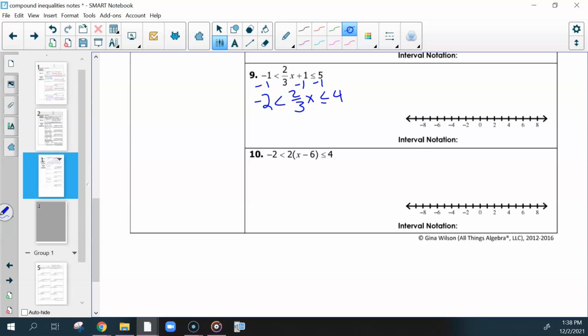We would multiply each side by this fraction flipped, so the reciprocal. So if I multiply this by 3 over 2, I need to do that to each part.